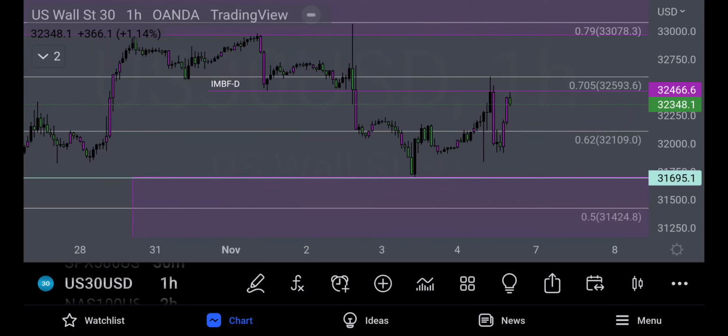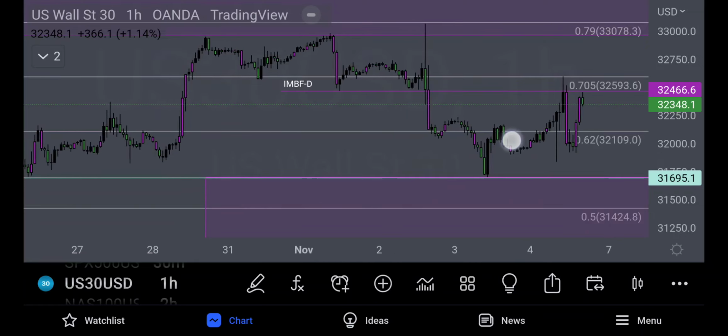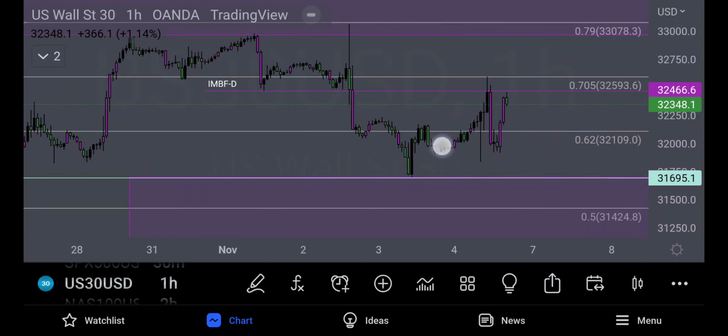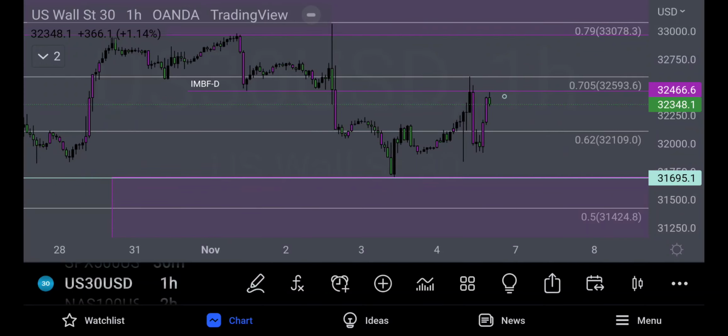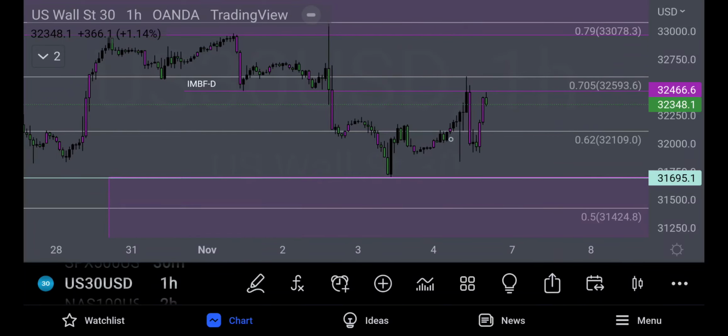Let's see. Just checking to see if I see an intermediate high or anything like that. I would consider this an intermediate high.